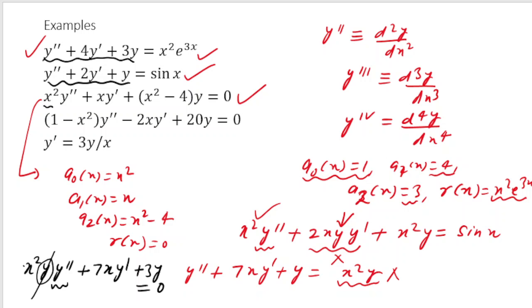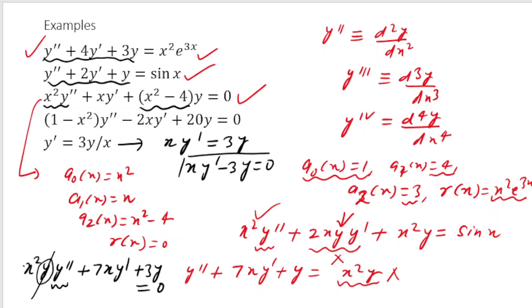But if you take this example, here the coefficients are x square and x square minus 4, so this is a differential equation with variable coefficients. If you look at the last example, this is also a linear differential equation, because it can be written as x into y dash is equal to 3y, which can further be written as xy dash minus 3y is equal to 0.